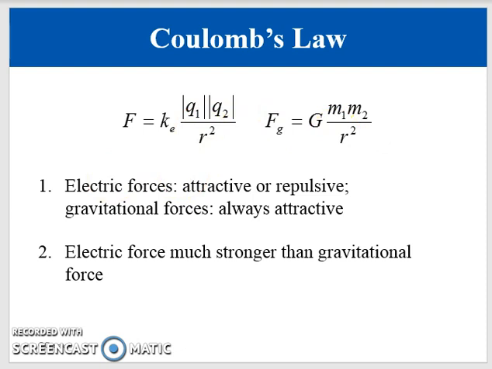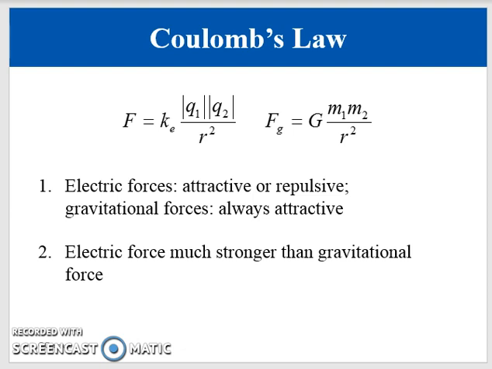They're both what we call an r squared law, okay? So what this means is that both forces depend on the square of the distance between my objects, whether they're interacting gravitationally or whether they're interacting electrically. And the force is inversely proportional to this r squared factor.